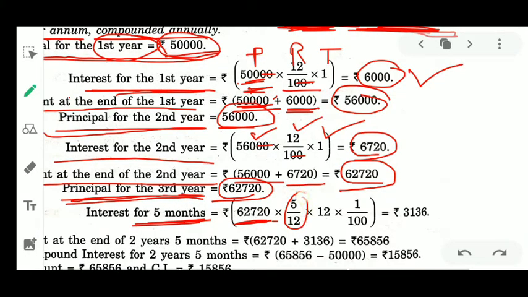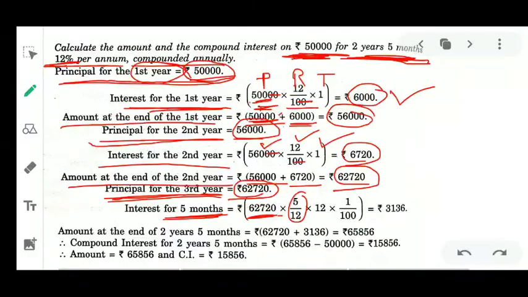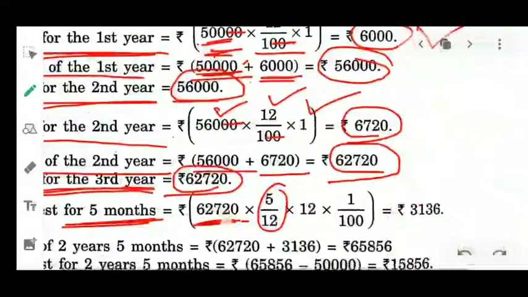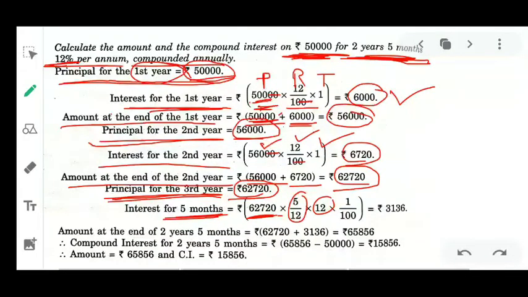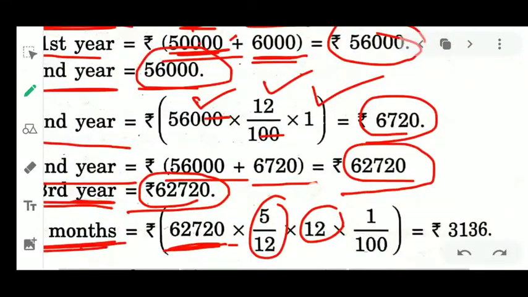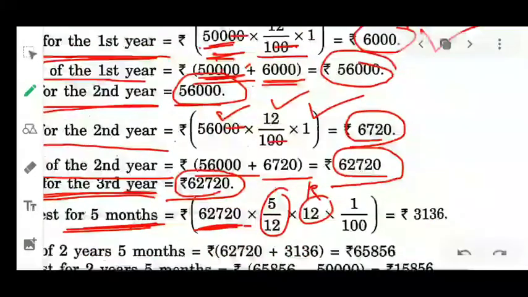5 by 12, we have written the 5 months as a fraction of a year, that's why 5 by 12, into 12, where 12 is the yearly rate percent, and 1 is the time, by 100.